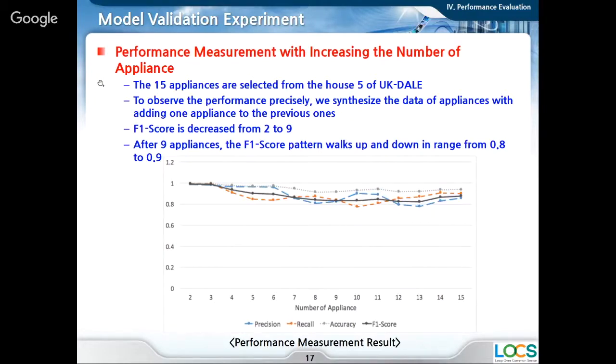And to find out the robustness of our models, we ran a test with an increasing number of appliances. We selected 15 appliances from House 5 of UK-DALE. Of course, when the number of appliances is 2 or 3, the performance is very high because the problem is very simple.